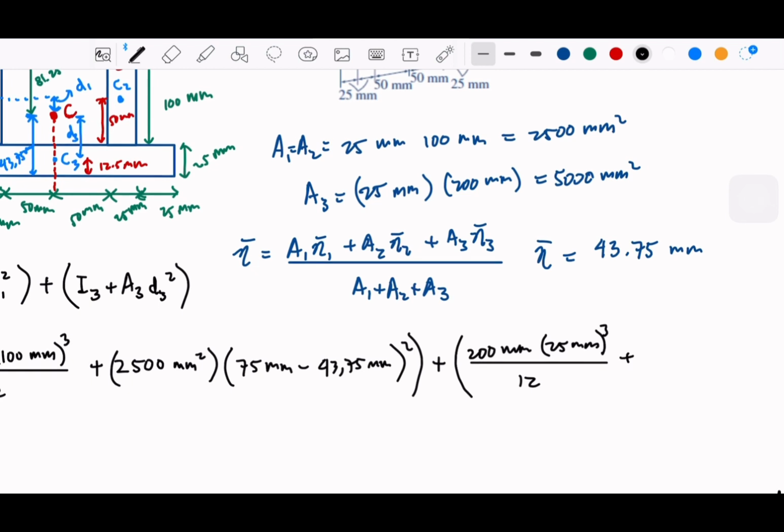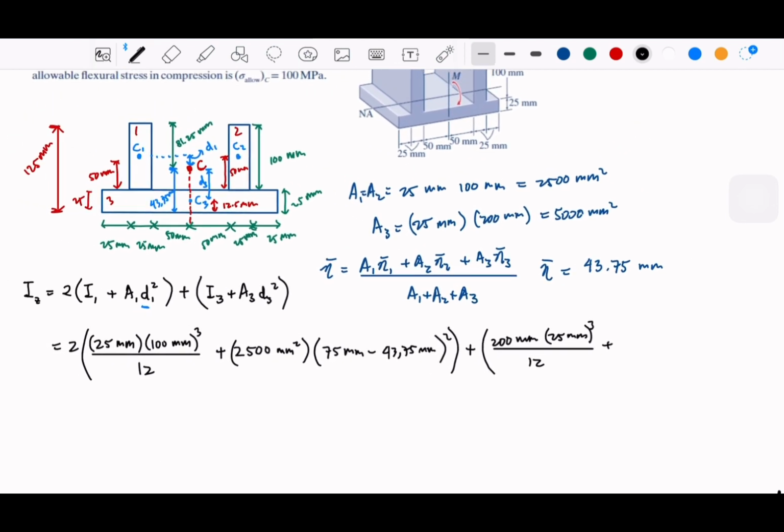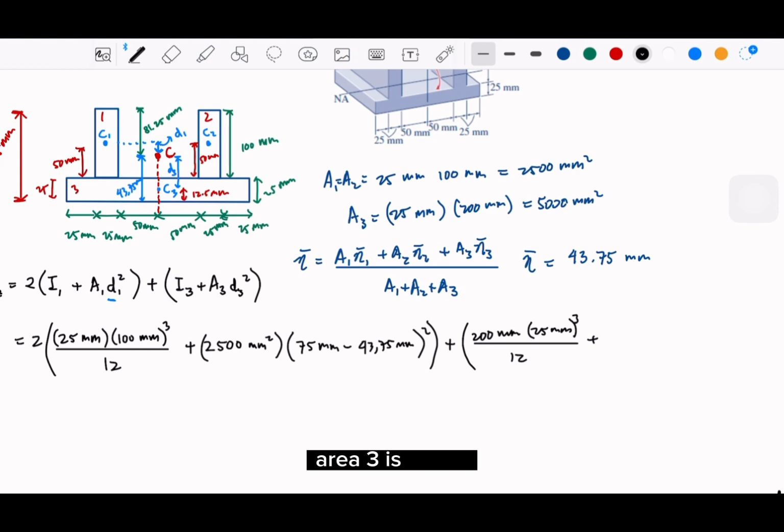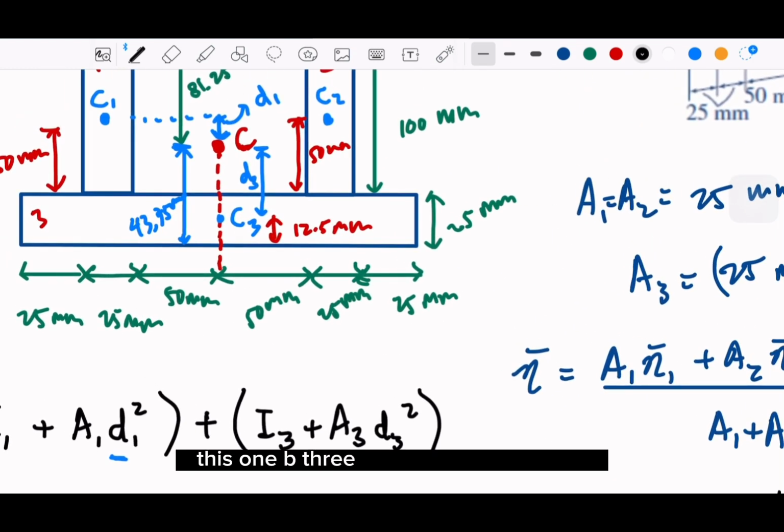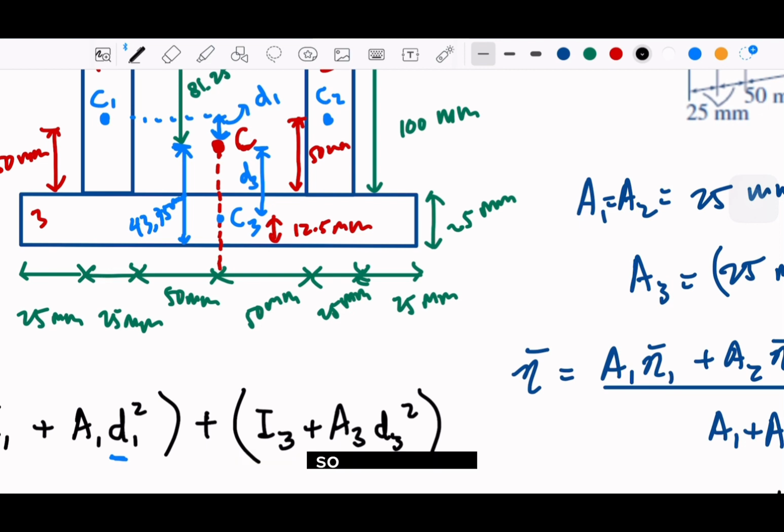And then plus area 3 is 5,000, and then the D3 is 43.75 minus what? 12.5, right? This one D3. So 43.75 minus this.